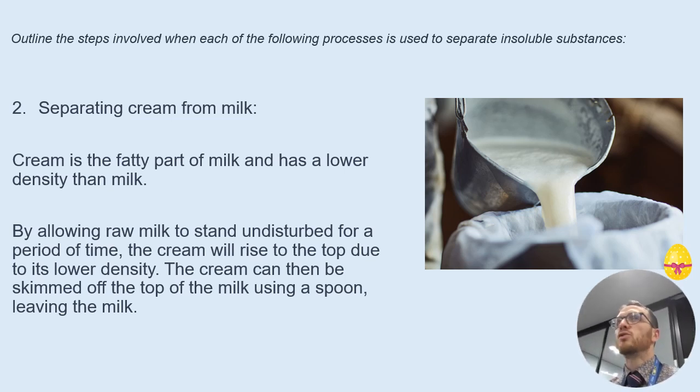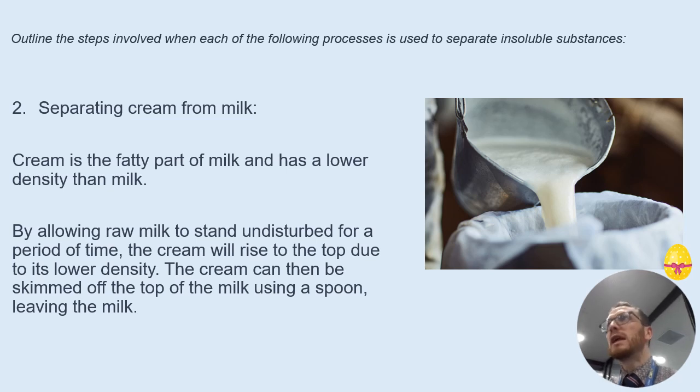Yes, so natural milk from a cow is not homogenized. Homo means the same. So homogenize means for the solution to all be the same. The fatty part of the milk will separate naturally because fat is insoluble in water.